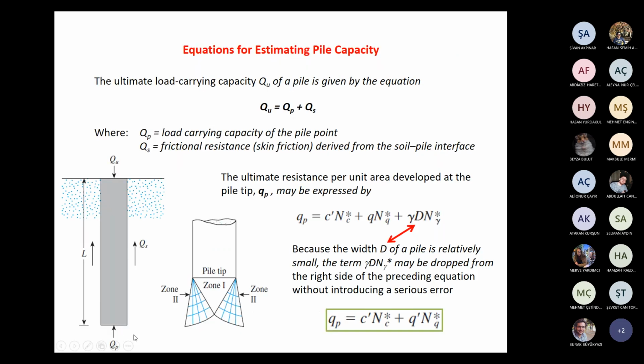For end bearing capacity, we use the soil properties of one single soil. Why? Because at any depth, this area is supported by one single soil unit. So we can use one single soil property, cohesion and internal friction dependent N factors. These N factors, as you know, depend on the internal friction angle.